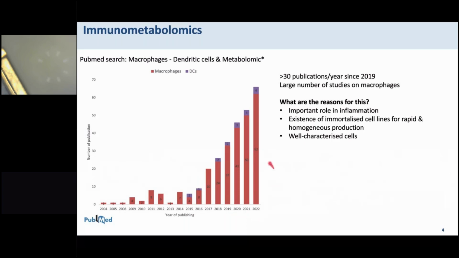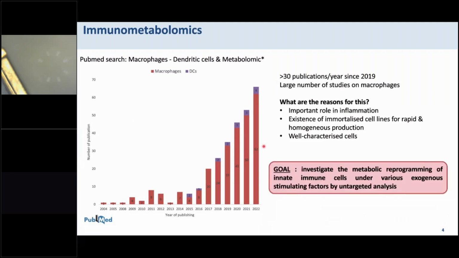We can also observe that the large majority of the publications are about macrophages, here in red. This can be due to the ease of manipulation and culture of these cells, but also because there are a lot of cell lines on the market.